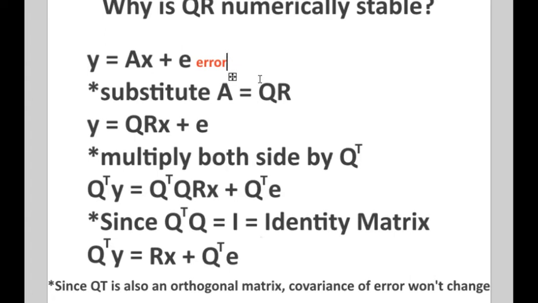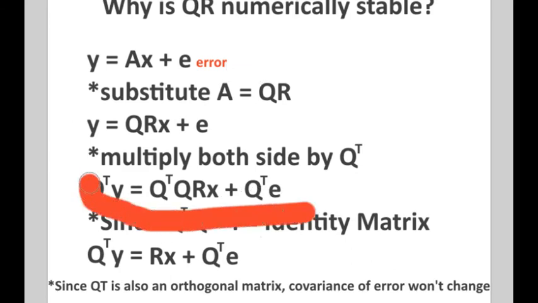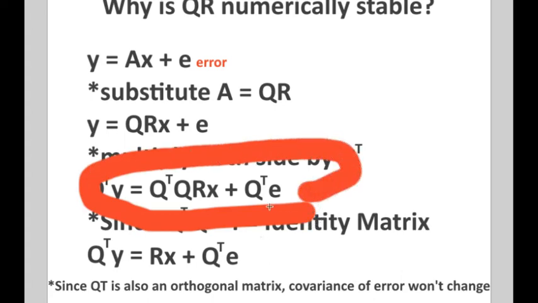With that, we have y equals QRx plus e, and if we multiply both sides by the transpose of Q, we get this whole equation.